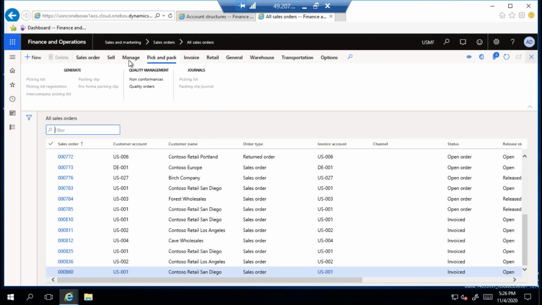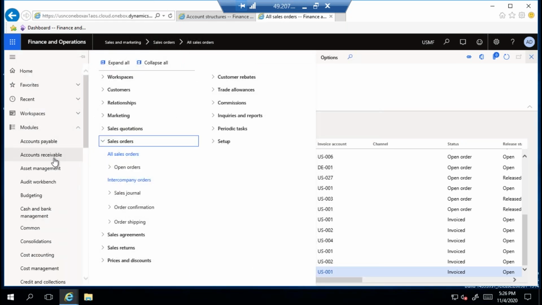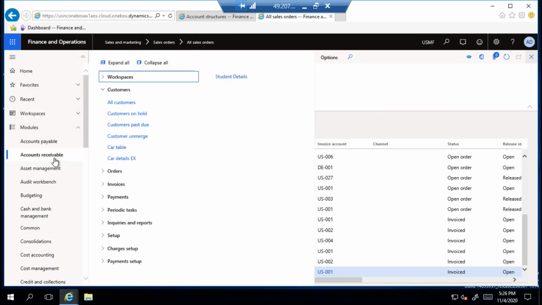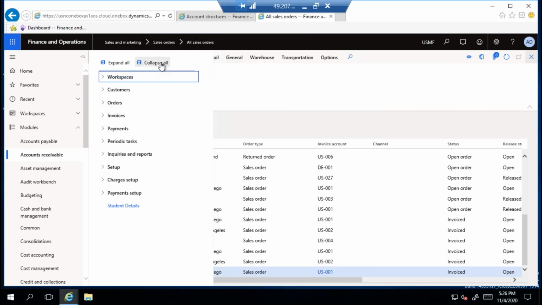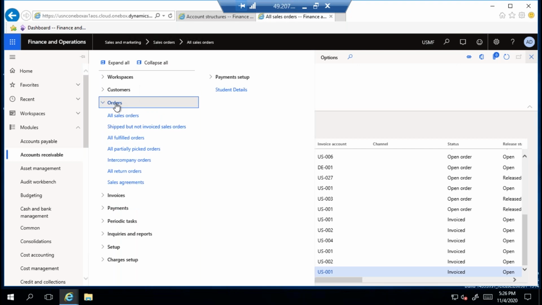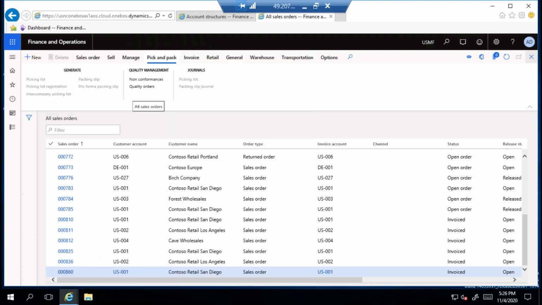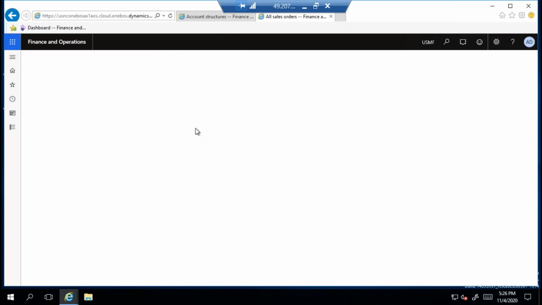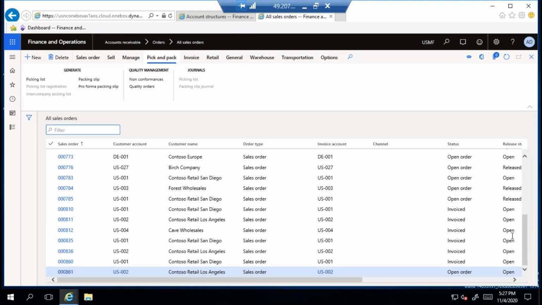It is in sales and marketing now. So for the finance team, it is in the accounts receivable module. Collapse all. Here, orders, sales orders. It will show the sales order already created by the other team, and you can come here and do invoicing.